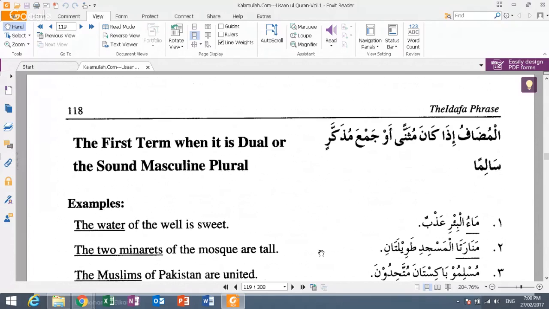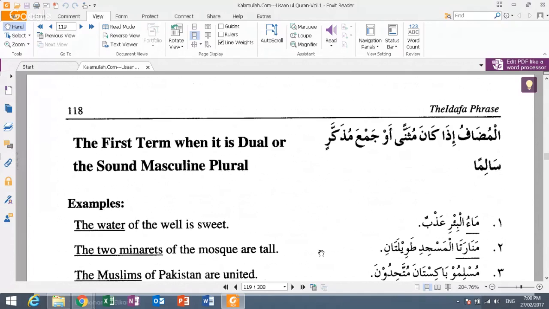Now, if this tasniya or jama muzakkar salim is the mudaf, what will happen to the noon? Basically, we will drop the noon. Let's say Rajulani, alif and nun kasra.